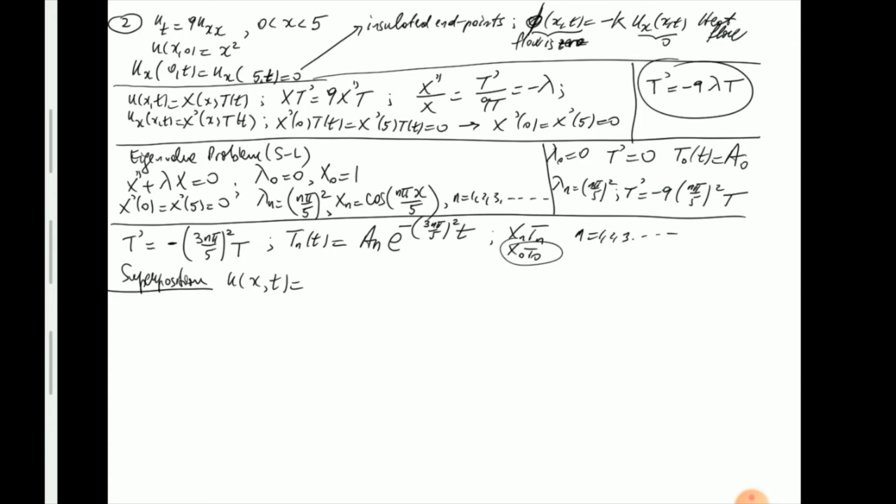The first one is going to be a naught times 1, so this will be t naught x naught, plus the summation from 1 to infinity. I should have started with xn, doesn't matter anyway. And as always, let's put the constant in front of everything: an, which is cosine of n pi x over 5, and then e to the minus 3n pi over 5 squared little t.